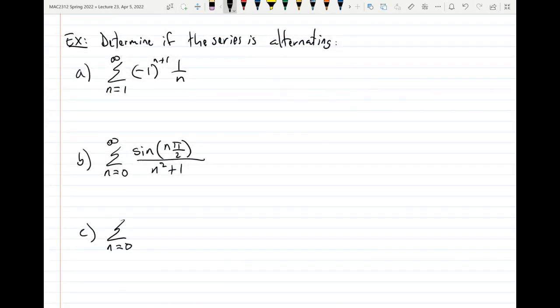The sum from 0 to infinity of cosine of, say, 2n plus 1 pi, or square root of n, whatever.